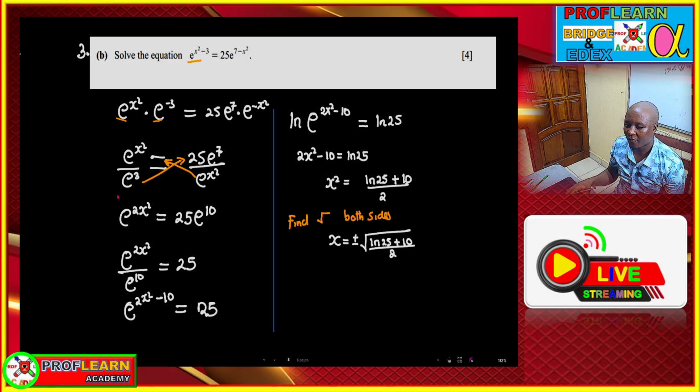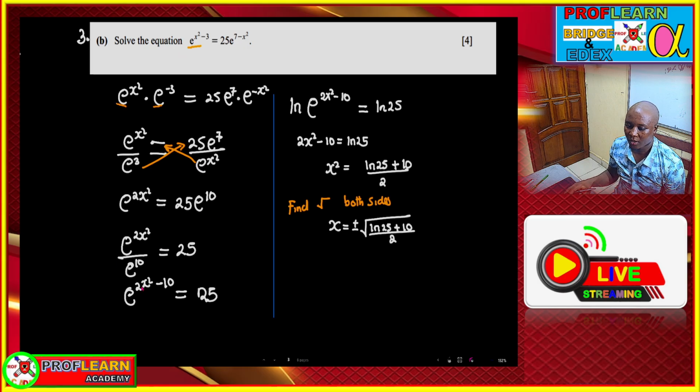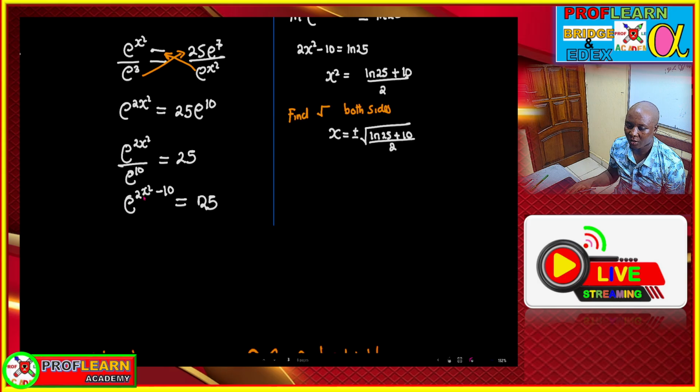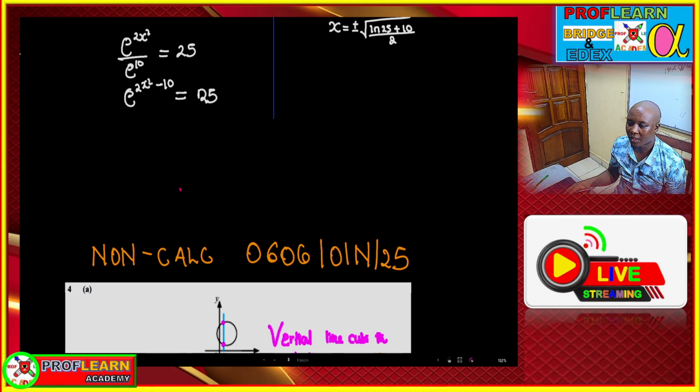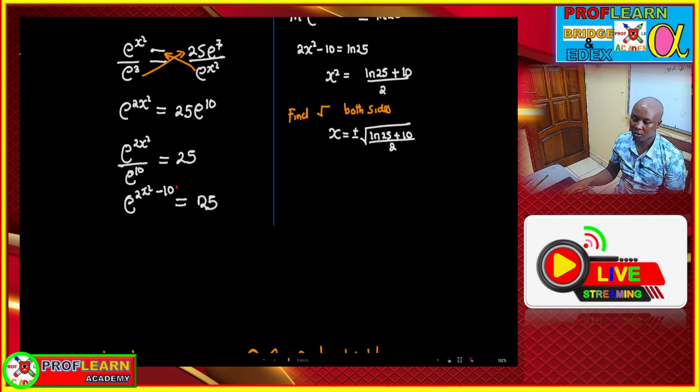Because if you multiply e^(x²) times e^(x²), it's like you are adding the powers, and that's going to be e^(2x²). Then if you divide by e^(10) both sides, then you can see now we shall have e^(2x² - 10), because these are divided, so the power should be subtracted, and then we shall say that is equal to 25.